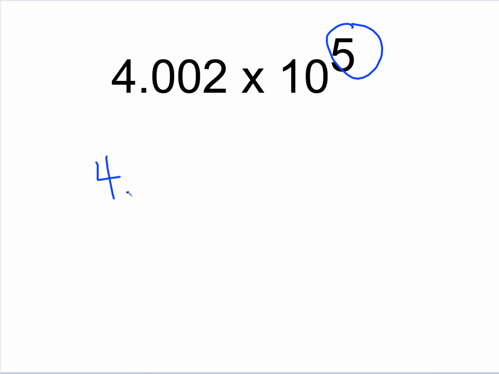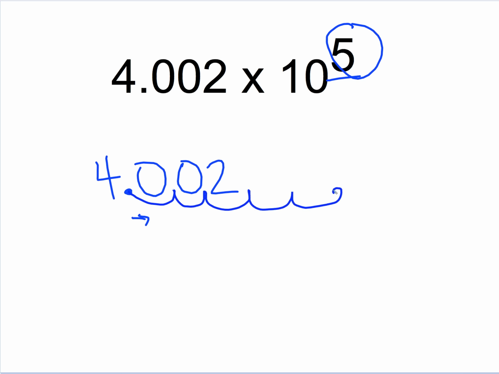So what I'm going to do is I just write out the number, 4.002. And I know I want to move this decimal to the right because that will give me a larger number. So I'm moving it 5 places to the right. 1, 2, 3, 4, 5. That's where my new decimal point is.